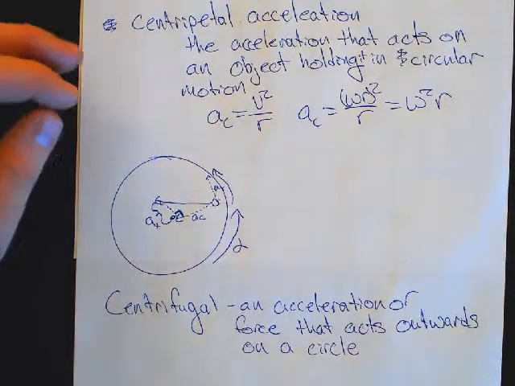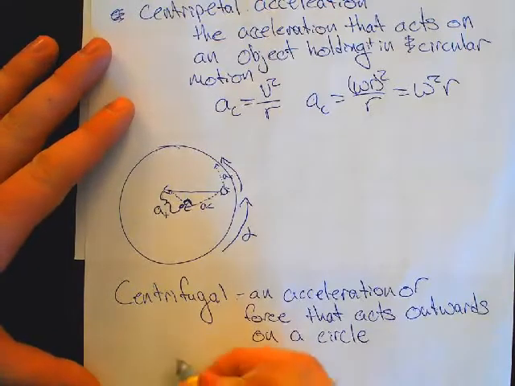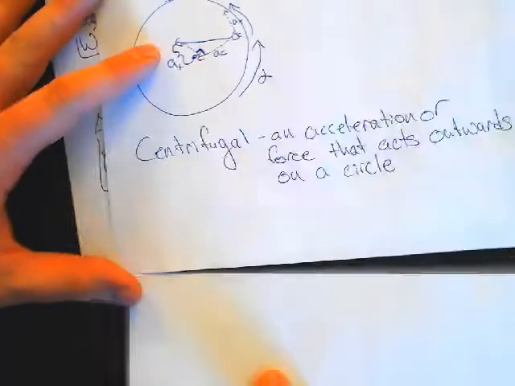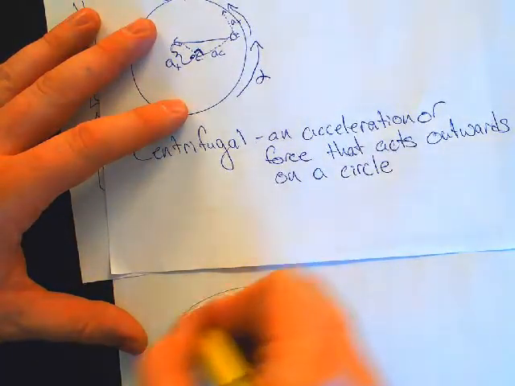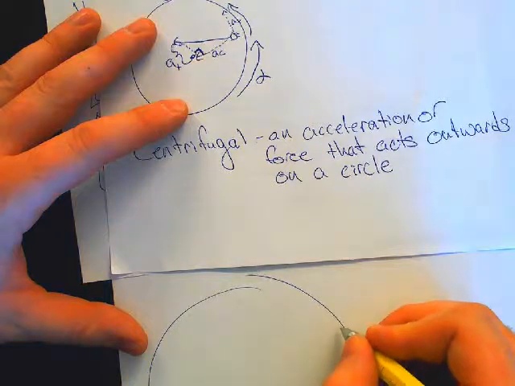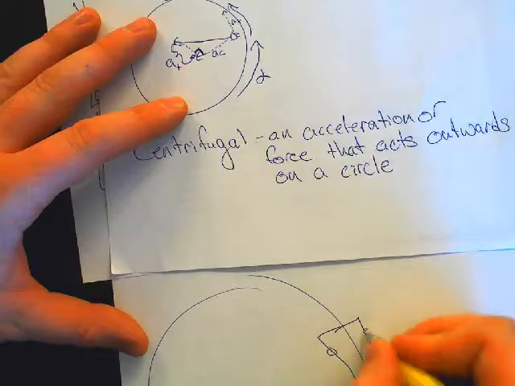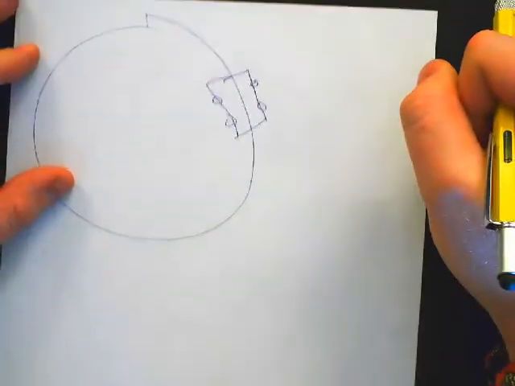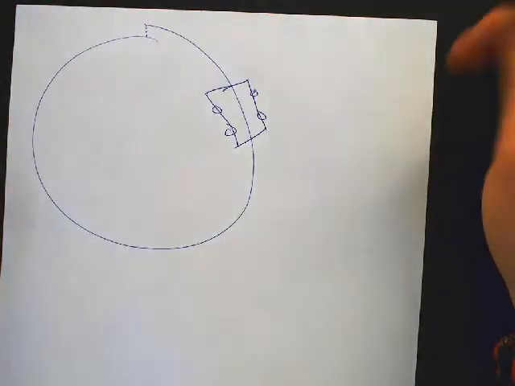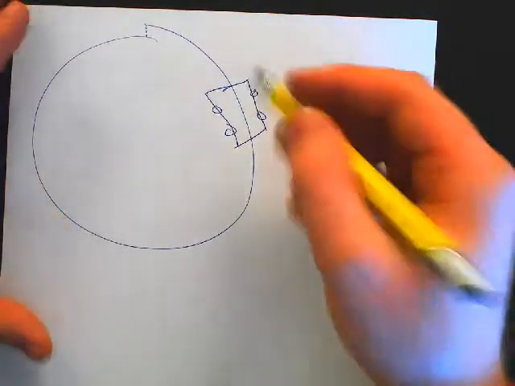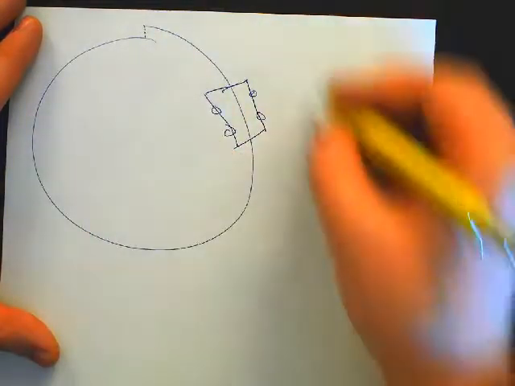All right, so if we're going to continue with our car on a circle example. Here's your circle. There's a car. As you're going around the circle, we're going to say V is constant.